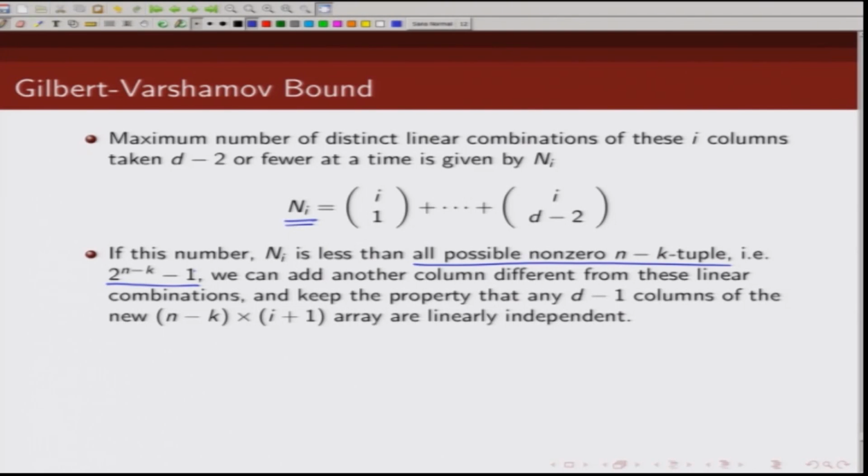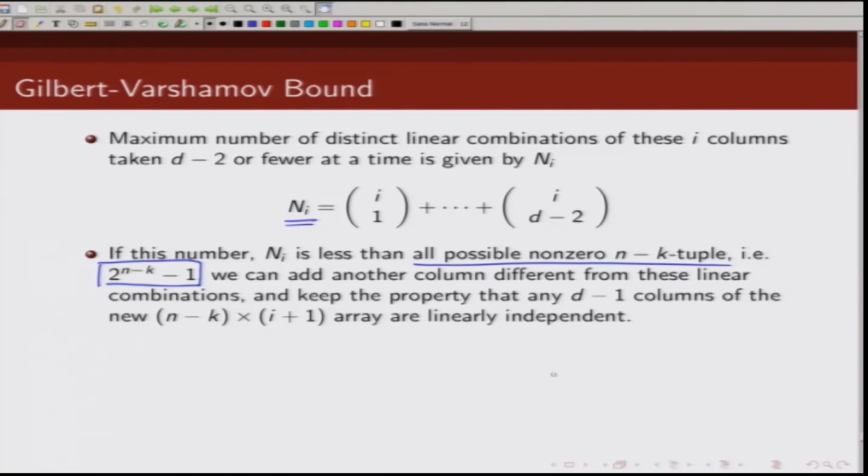So, these many non-zero tuples we have. Now, if this number N_i is less than this number, what does it mean? We can find another tuple which will be linearly independent of any of these combinations.